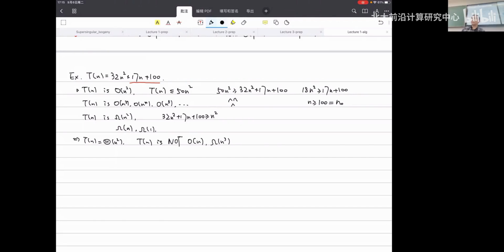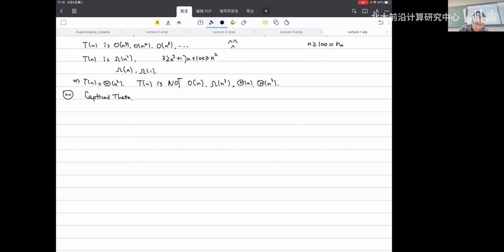Yes, big theta. So T(n) is not O of n, not omega of n squared in the wrong direction, and of course not a tight bound of theta of n. This is not the case.